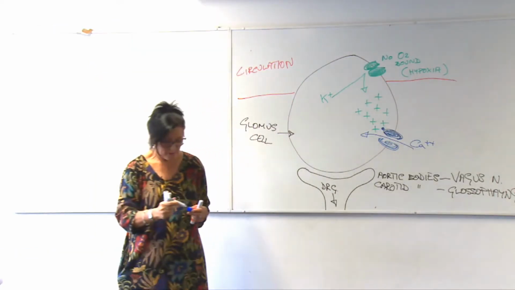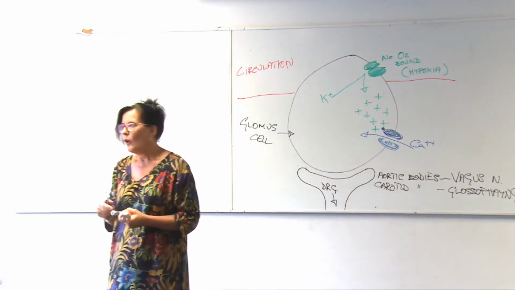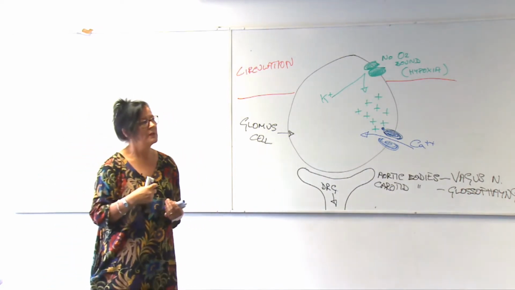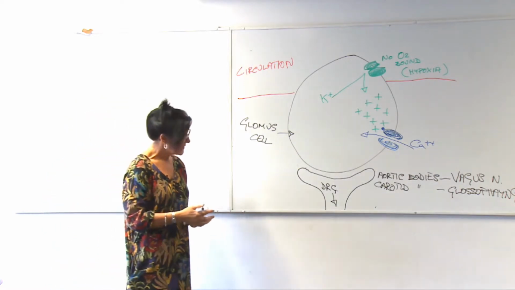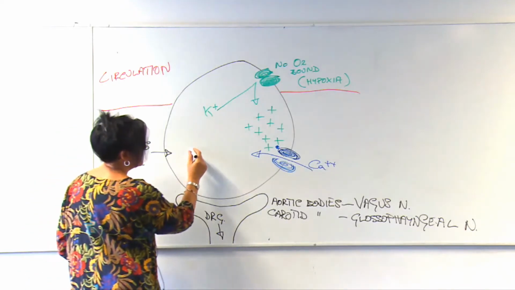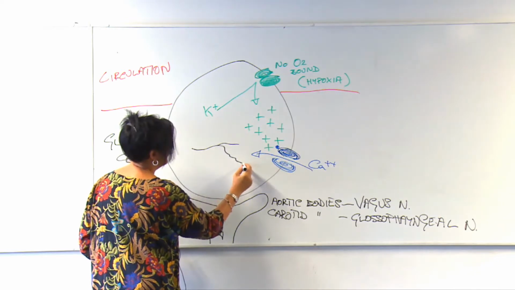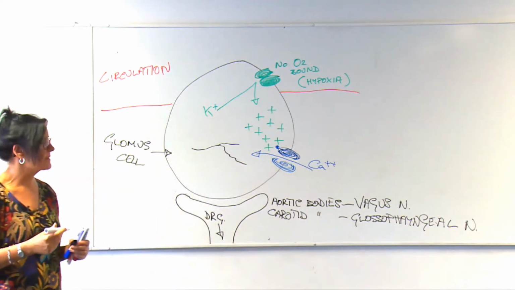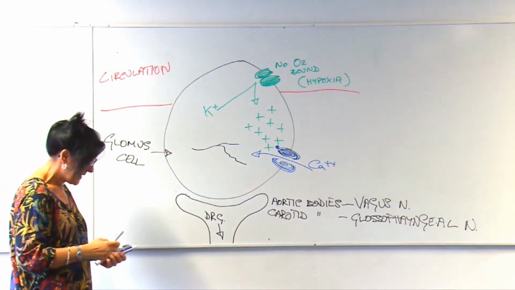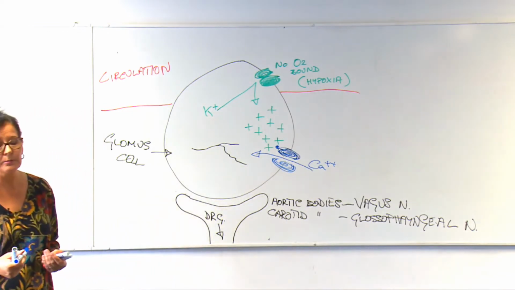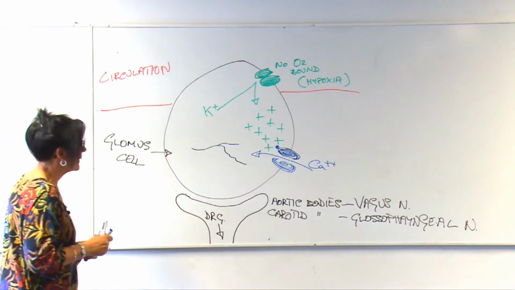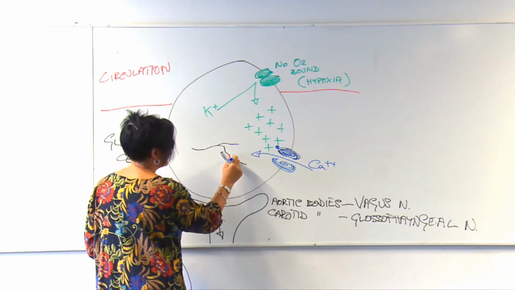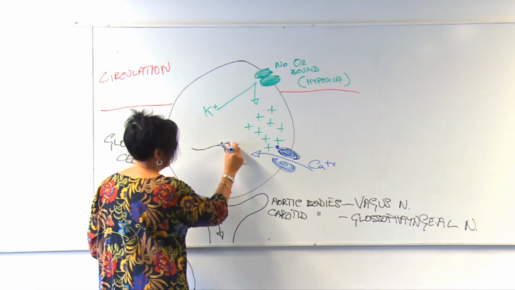Now, calcium is often responsible for exocytosis because it interacts with the cytoskeleton. All cells have that cytoskeleton, and part of it is made up of contractile myofilaments. Calcium binds to the cytoskeleton.